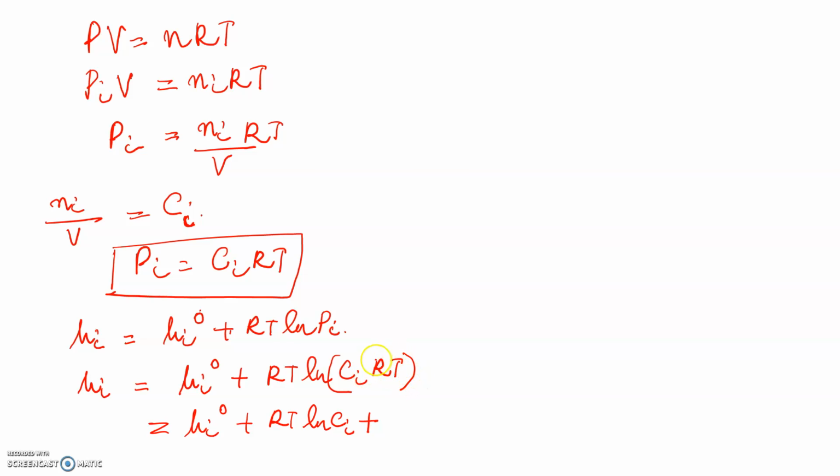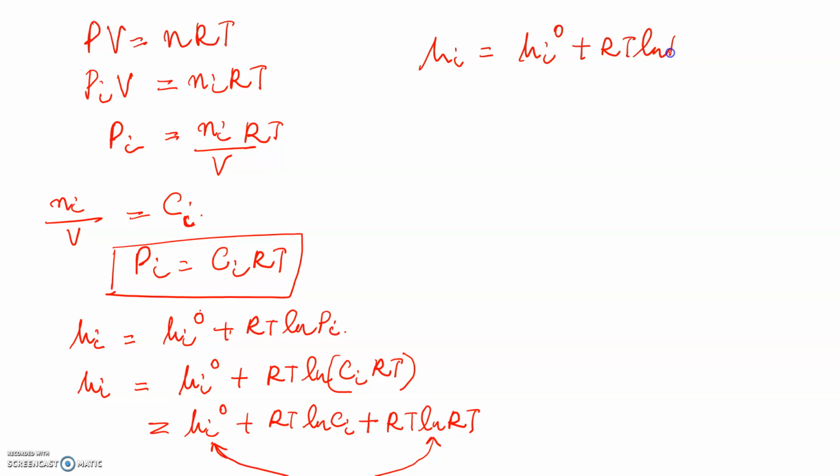This is the product. Since it is a constant, we can write it together: RT ln RT. RT is constant, and the logarithm of RT will also be a constant. So, hence, we can club these two constants together. Mu i is equal to mu i 0 plus RT ln RT plus RT ln Ci.